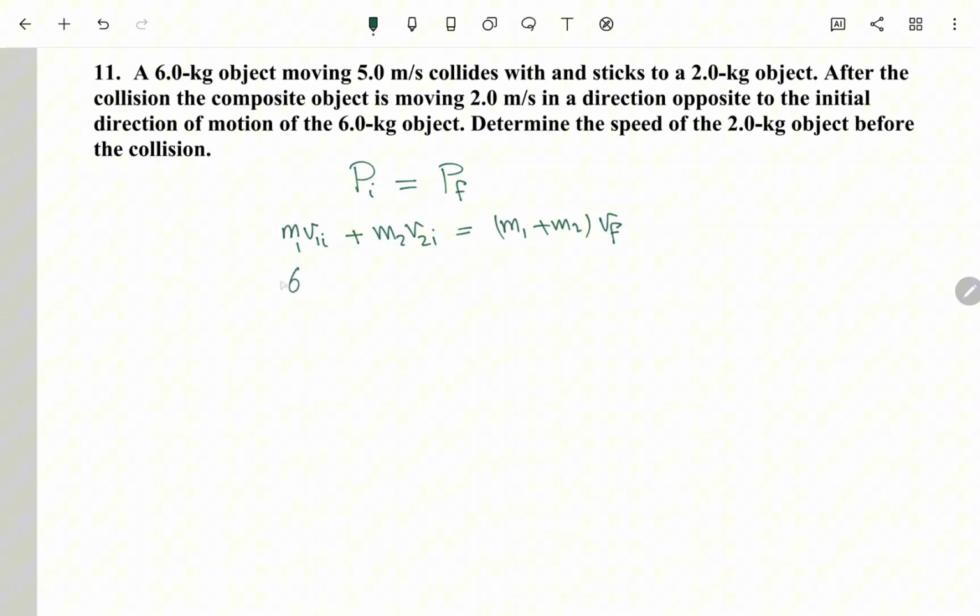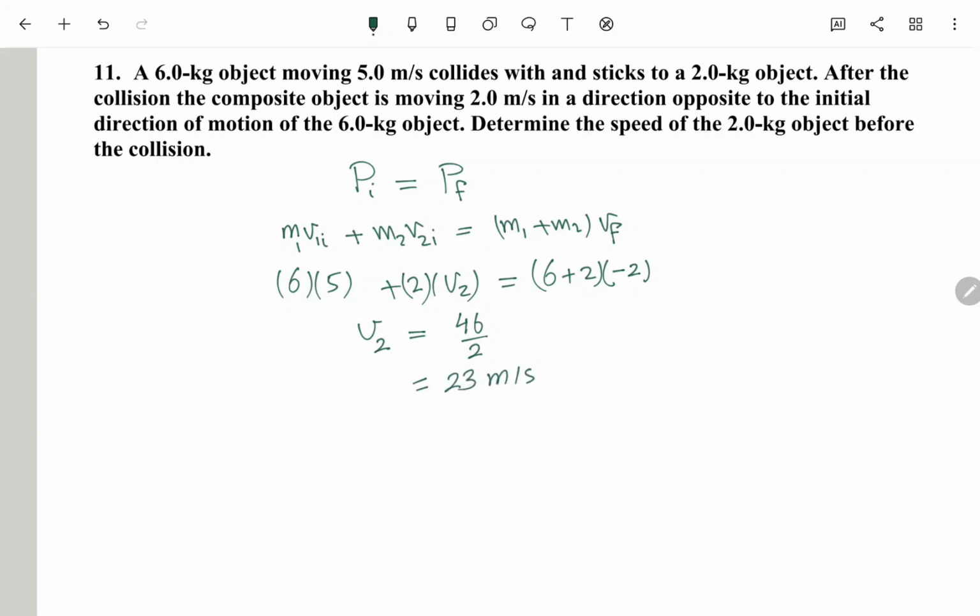Now 6 times 5 plus 2 times V2 equals 6 plus 2 times, now remember, when both objects stick together they move with the speed in the opposite direction, so it will be minus 2. You simplify this, and V2 is equal to 46 over 2, or 23 meters per second.